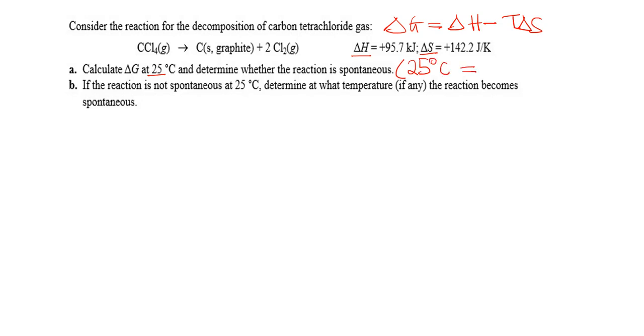So 25 degrees Celsius is 298 Kelvin. These problems always use Kelvin. The reason is that our entropy is given as joules per Kelvin, so you cannot use degrees Celsius for that.